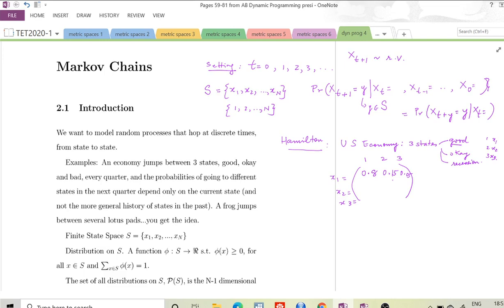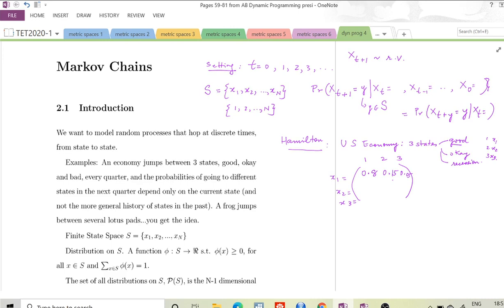So suppose the profits are roughly good profits, okay profits, and profits during recession in the 3 states, right? You can ask, suppose the state of the economy is good today, what will be the discounted present value of profits over the next 10 quarters, let's say? All you have to use is the model of profits and this transition matrix, right? I'll give another example from Stachurski's book as we go on.